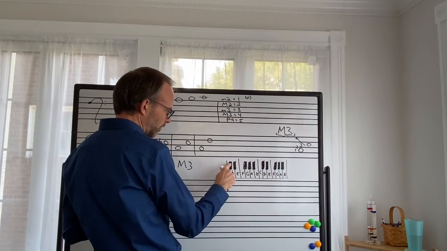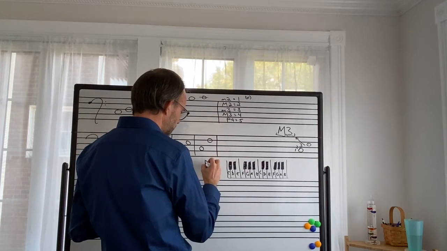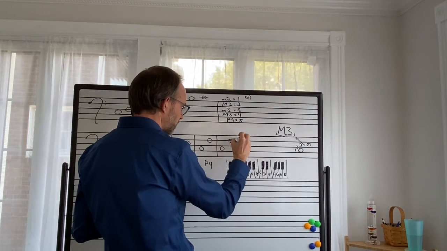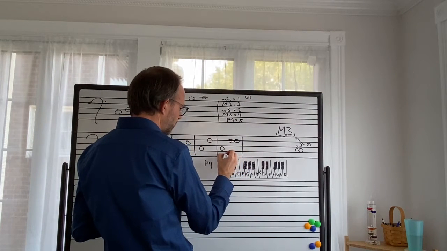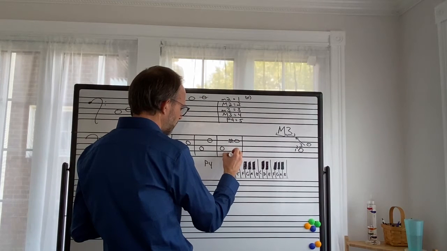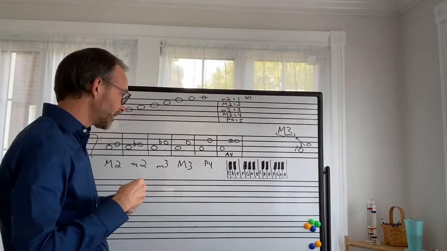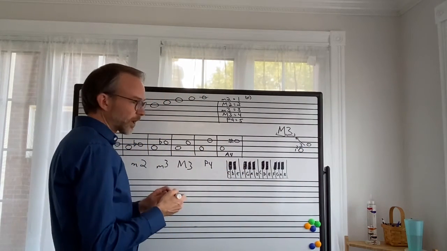So we start on C, 1, 2, 3, 4, 5, 6. We got to F sharp. We're going to call that augmented fourth. So there's a new word here. 1 half step more than a perfect will be called augmented.